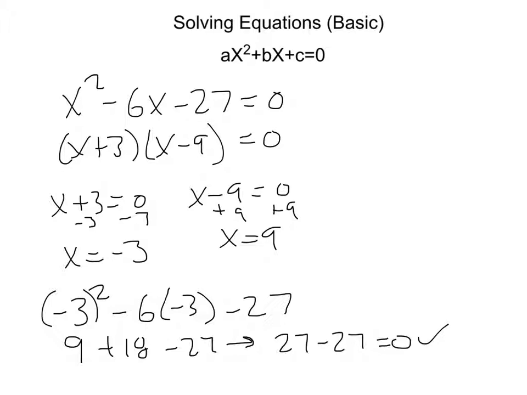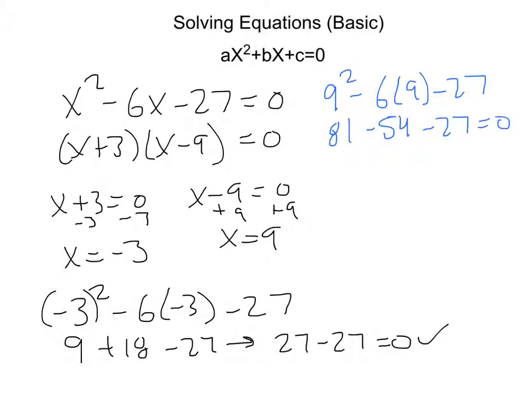Then we'll do 9: 9 squared minus 6 times 9 minus 27 gives us 81 minus 54 minus 27. We want that to equal 0, so we get 81 minus 81, and of course that gives us 0 equals 0. So that's what we wanted.